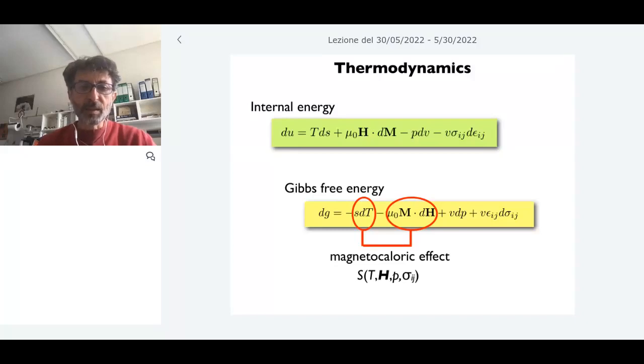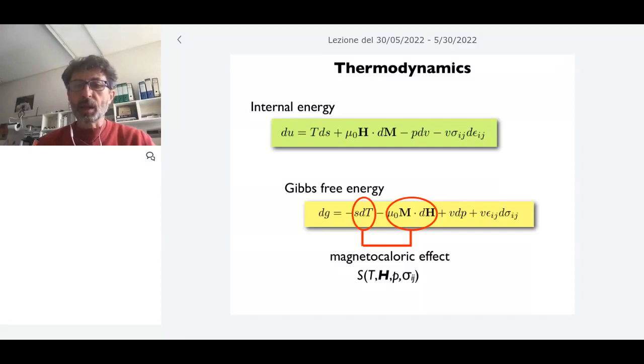What is nice is that there exists a reciprocal relation. So, if we do have an action of the magnetic field on entropy, then it means that also temperature affects the magnetic part, or the magnetization. And this is also true for the other cases.